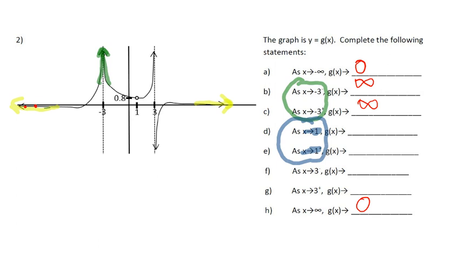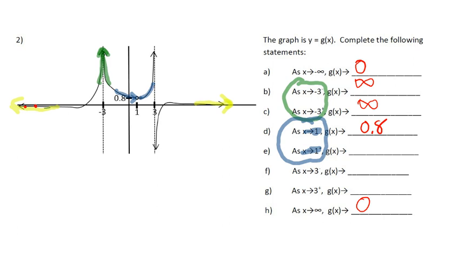Now let's think about these last two, F and G. What's going on at x equals positive 3? A vertical asymptote or a hole? A vertical asymptote. Right. So I know my graph is going to ride that asymptote. It's going to shoot straight up into the sky or lower and lower. What's it doing on the left side of that vertical asymptote? Up or down?